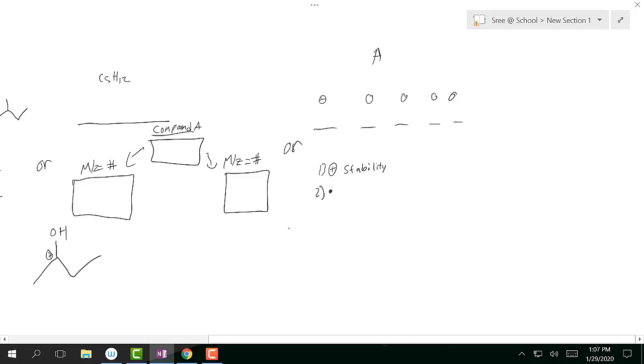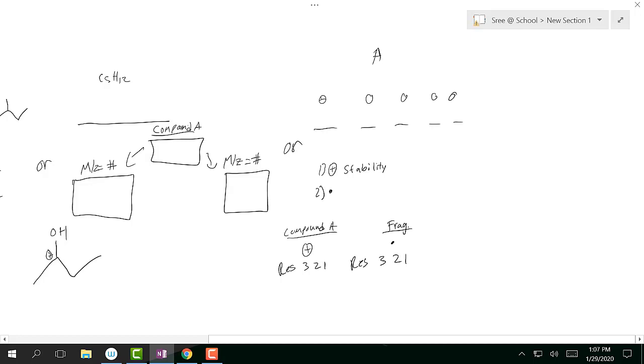So compound A will have the positive charge, and that's resonance 3, 2, 1, and then the fragment will have the radical, and that's again also 3, 2, 1 with resonance.